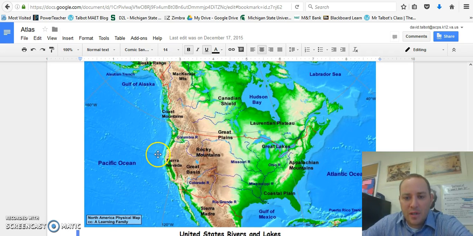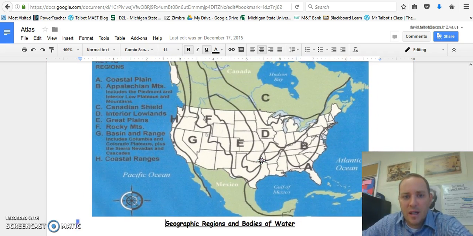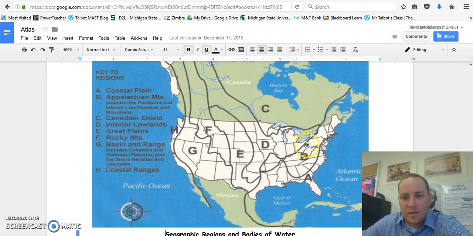So this would be a great map to use because, as you see, the Ohio River is located near the Appalachian Mountains, and this region here we know is the interior lowlands. Since this map doesn't have the interior lowlands, you may want to consult another map. Okay, the Ohio River is located here. That's the Appalachian Highlands. Letter D is the interior lowlands.